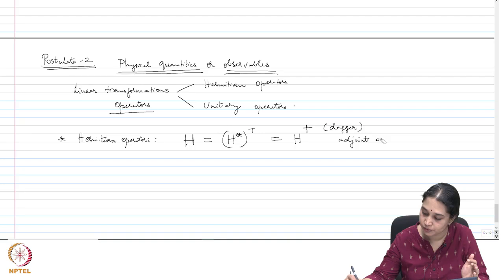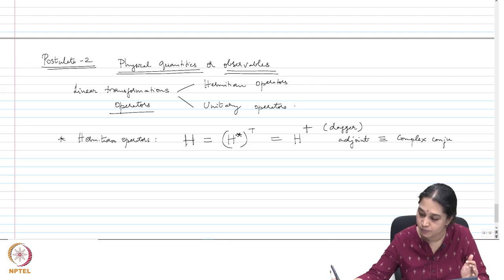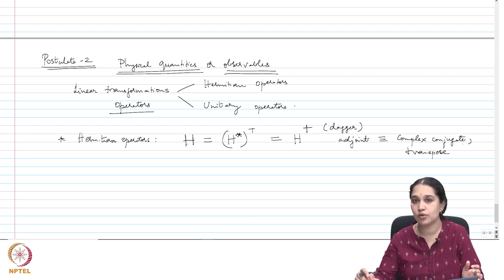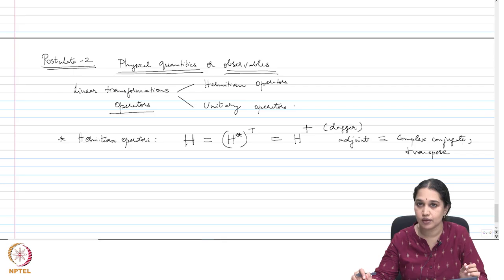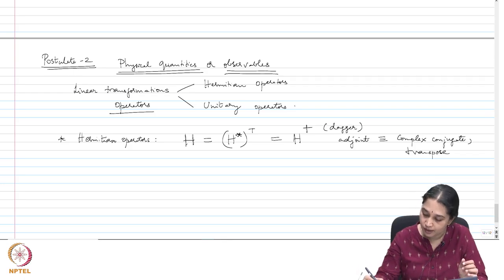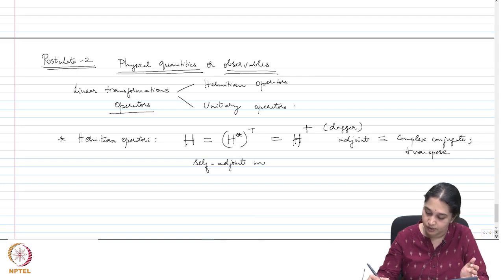It's called the adjoint of a matrix or the adjoint of a linear operator, and the adjoint is simply the complex conjugate transpose. So take the complex conjugate of the entries of the matrix, take its transpose, and if that resulting matrix is equal to the original matrix, then such a matrix is said to be Hermitian, right? So these are also often called self-adjoint matrices or self-adjoint operators, right?